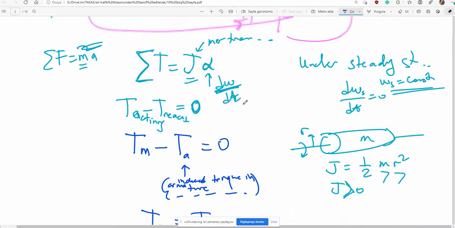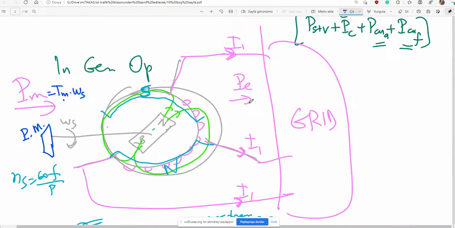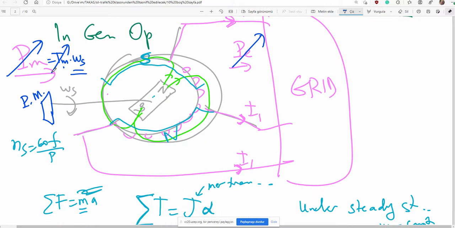And then what is happening when you want to increase output power? You apply much more input power in terms of torque, since speed is constant. Then when you apply much more torque, that means you have applied much more input power. That means your machine will convert much more electrical output.